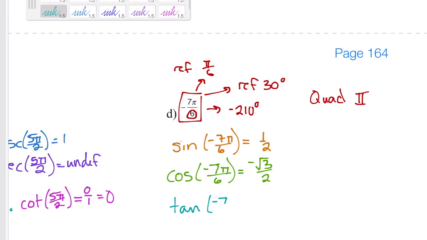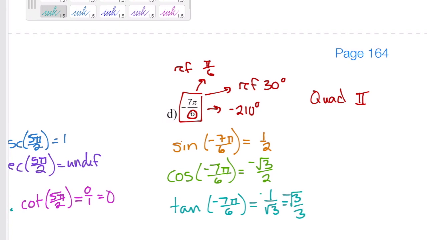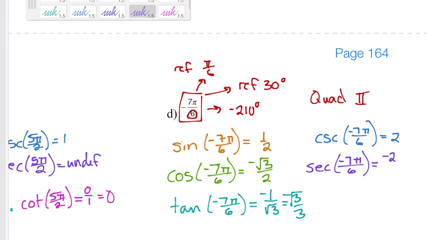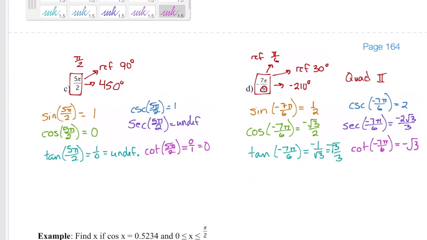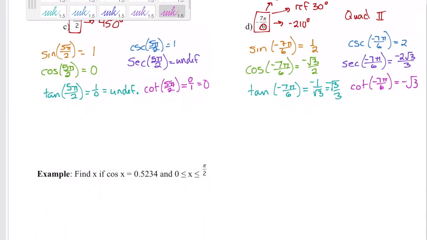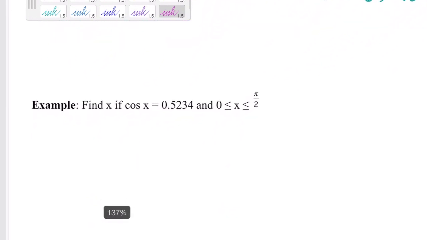Tangent of negative 7 pi over 6. I'm flipping my hand, so I would end up with 1 over square root 3, which is square root 3 over 3. Because it's tangent, it's going to be negative. And then we're doing the reciprocals. And then we're done.